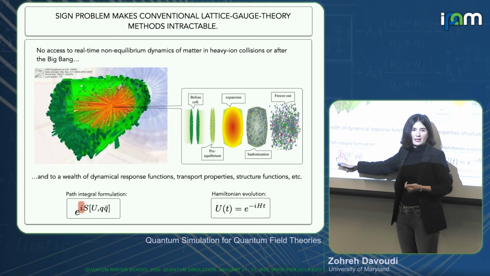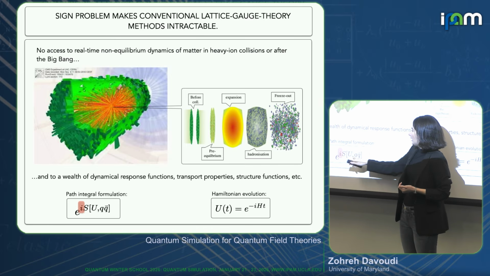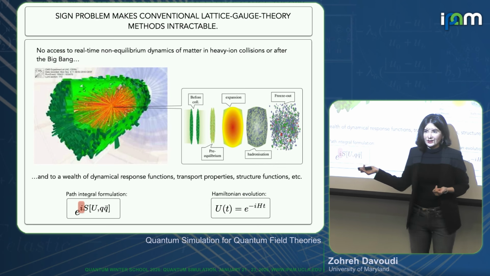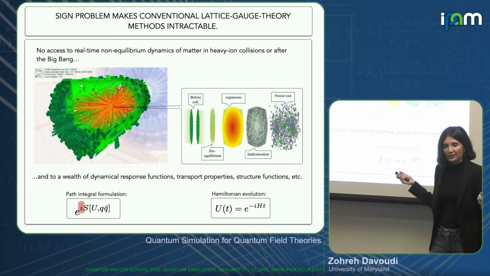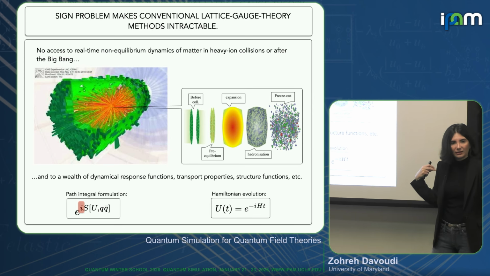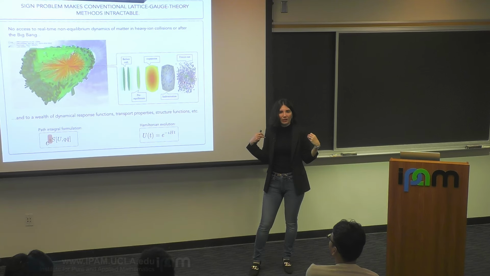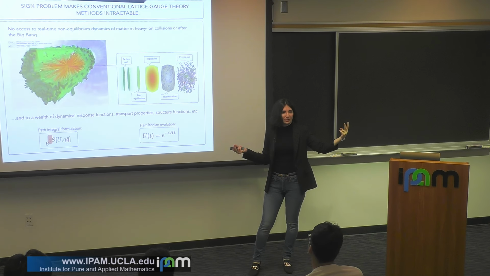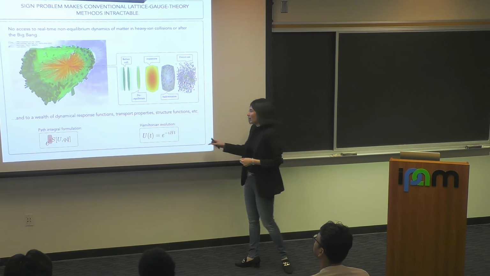So you get this sign problem. If you don't want to go to Euclidean space-time, then you have to stick with this, and you have the sign problem. So these are two situations where our current lattice QCD methods based on Monte Carlo cannot help us: finite baryon density or finite fermion density systems, and real-time dynamics. That's where we need to make progress. And so far, we don't have the methods.